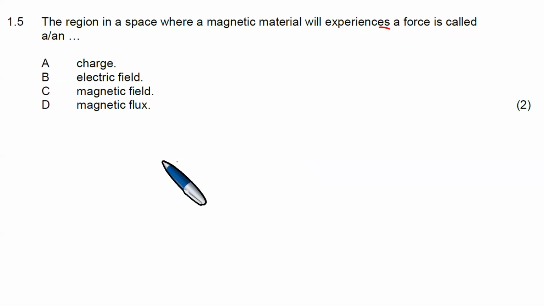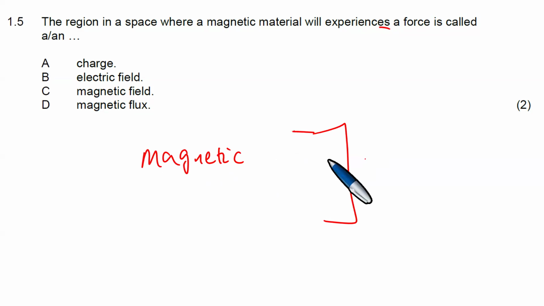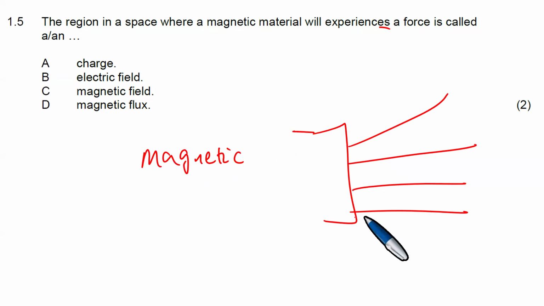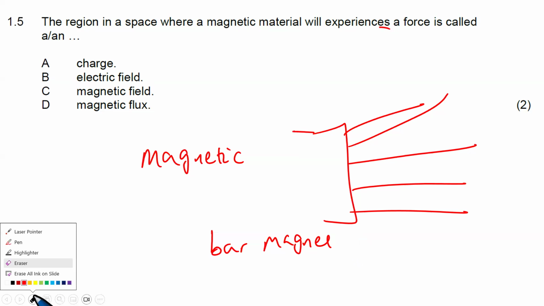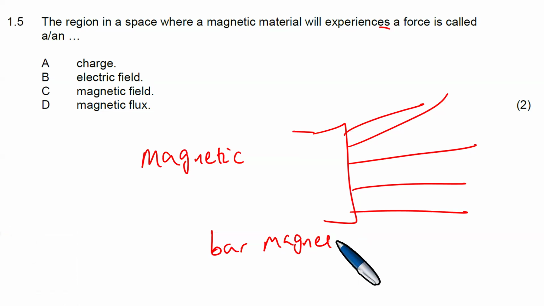In other words, if you take a magnet, and here's the magnet, this is something called a bar magnet. What is a bar magnet? So now a bar magnet with the charge. So you can have a charge on it.